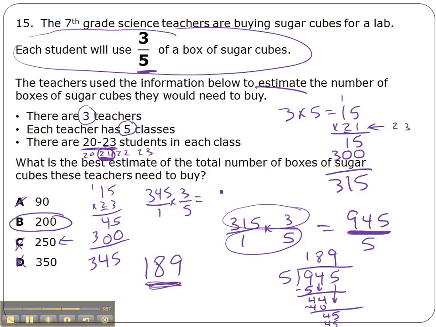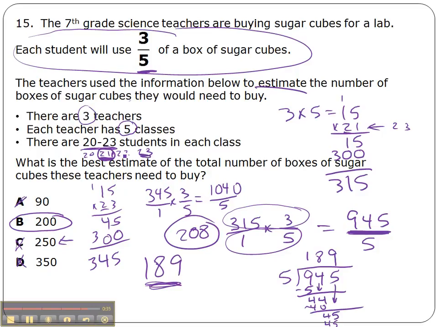That's going to be 1020, 1040 over 5, so 208 boxes of sugar cubes if we had the maximum number of students in each class.